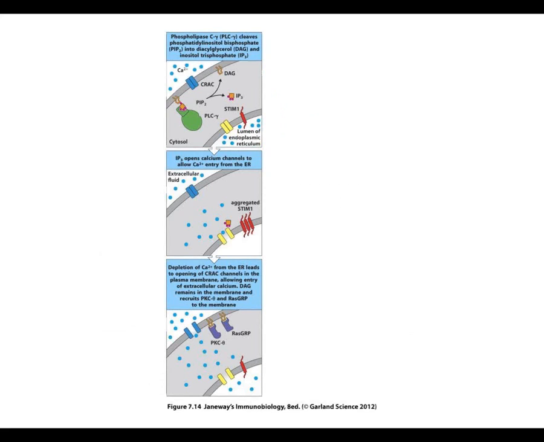All right. So phospholipase C, PLC, cleaves PIP2 into DAG and IP3. So it's that first really important step where you now get a giant cascade.